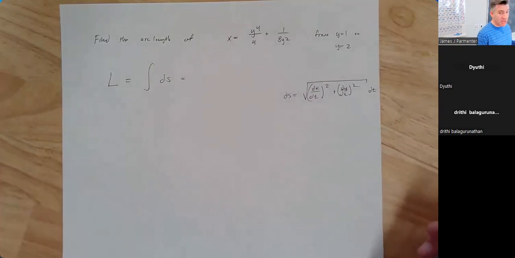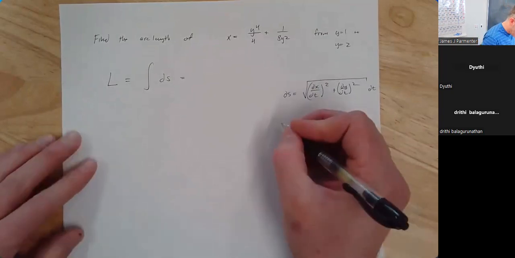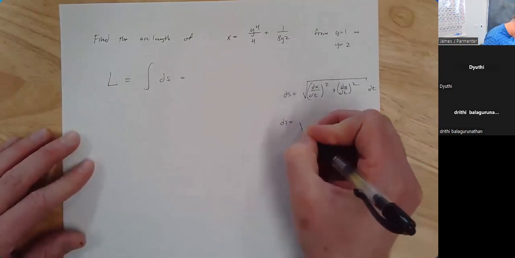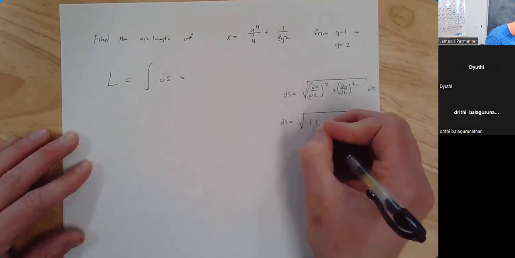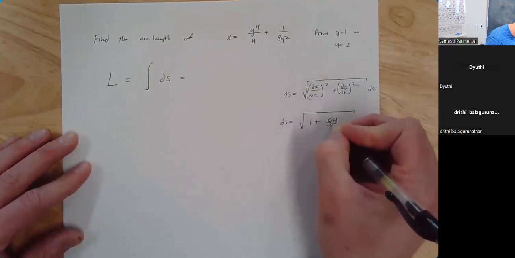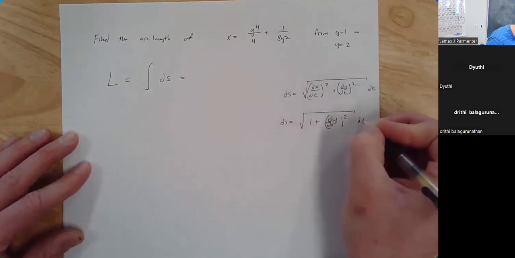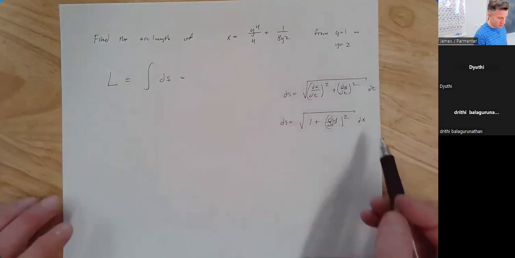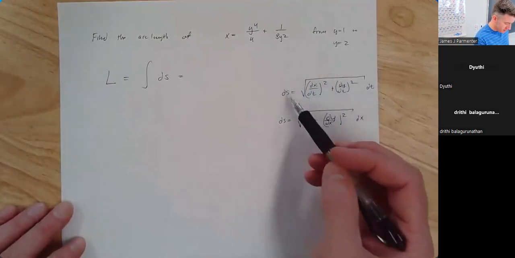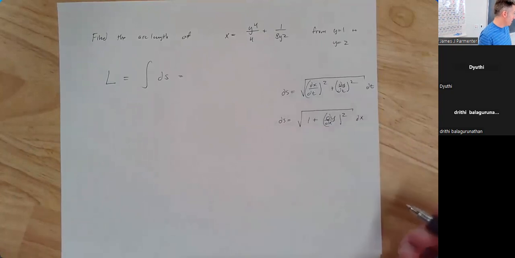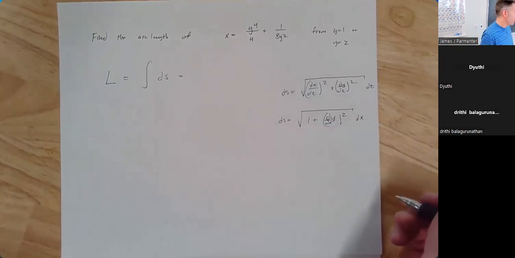We'll see that again maybe at the end of the quarter when we talk about parametric and polar equations. And then we have 2 other versions. We have the one we used last time, which was the square root of 1 plus dy/dx squared dx. Essentially, you just are rewriting this first one, saying that x is equal to t and that y is a function of x instead of a function of t.